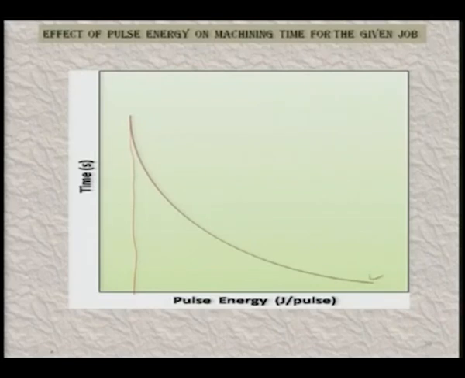That itself indicates that after a certain pulse energy, if you keep increasing, there is a certain threshold value of machining or making the feature in the workpiece that will be taken in any case, whatsoever your energy capacity is.